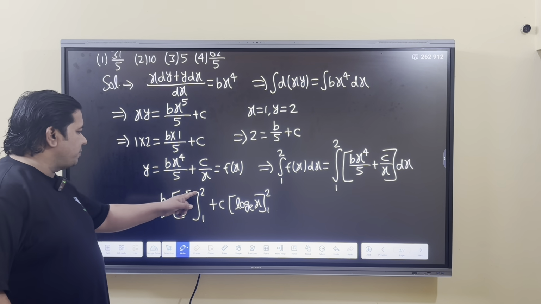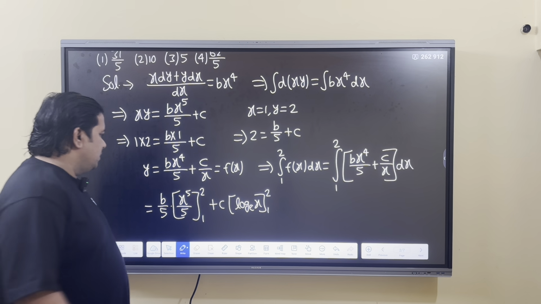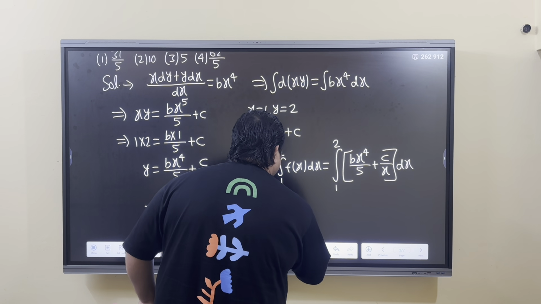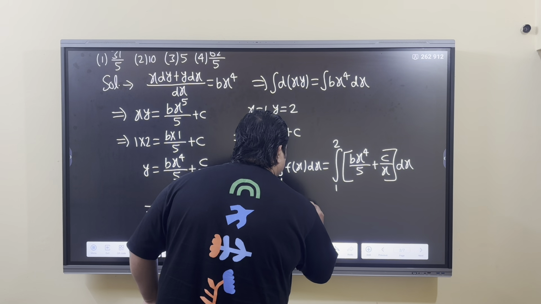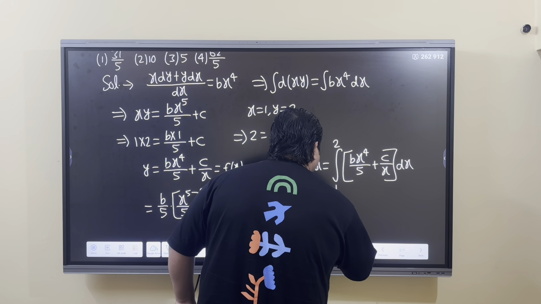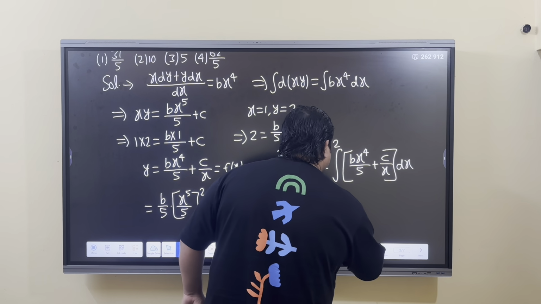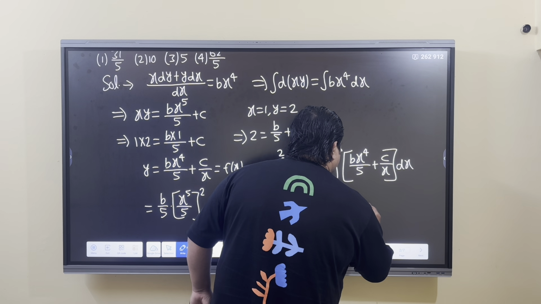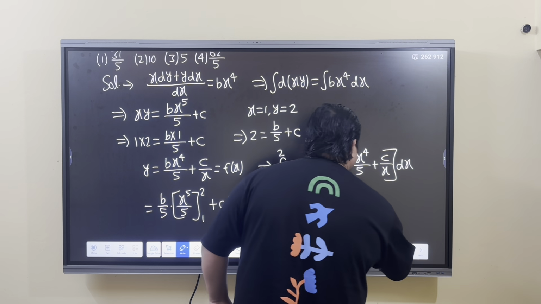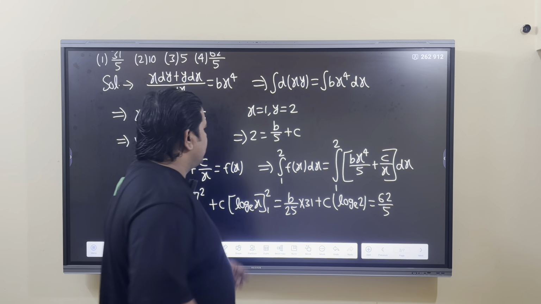If we substitute, 2^5 will be 32 minus 1^5 which will be 1, so we will get b/25, 5 into 5, into 31 because 32 minus 1, and over here we will get c into (log 2 minus log 1). Log 1 is how much? 0. So we will get c into log 2. Now this is given as 62/5.